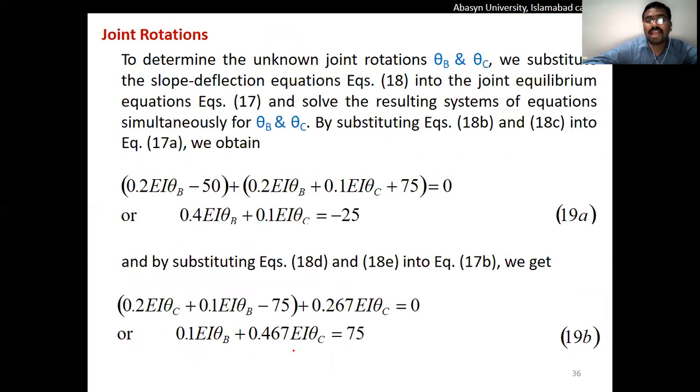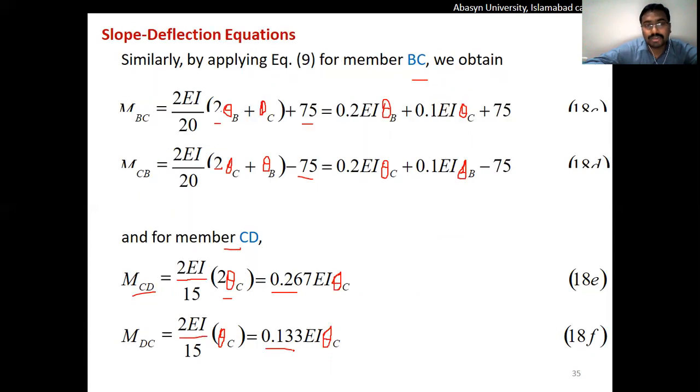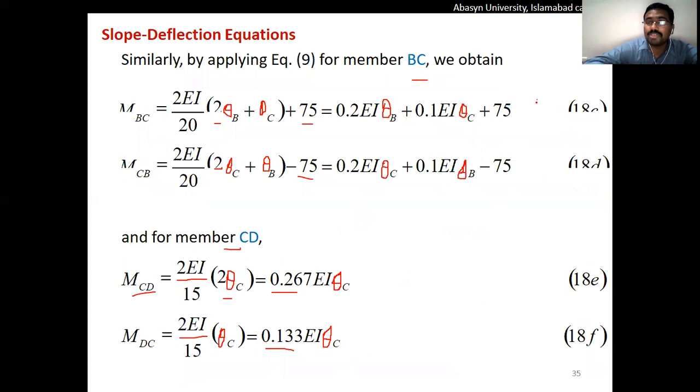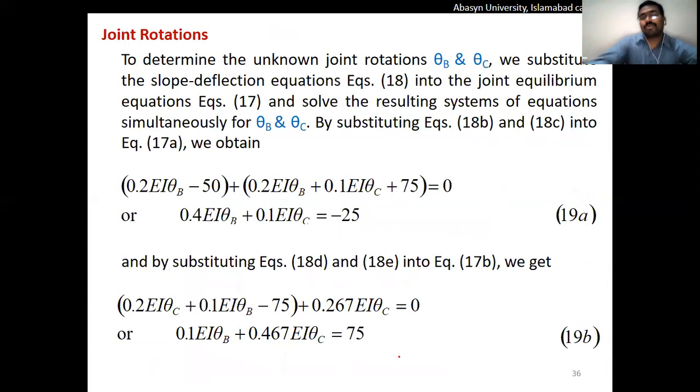Now we will have 6 equations: 2 from span AB, 2 from span B to C, and 2 from C to D. What we need to do is simplify these equations using basic mathematics.